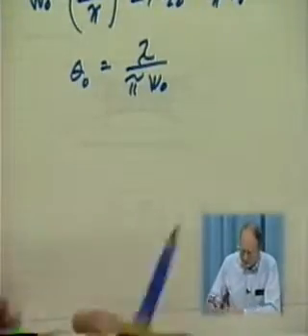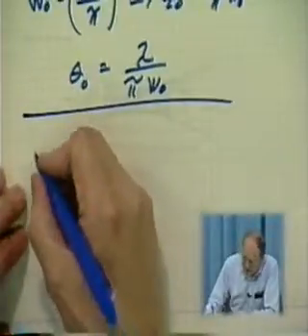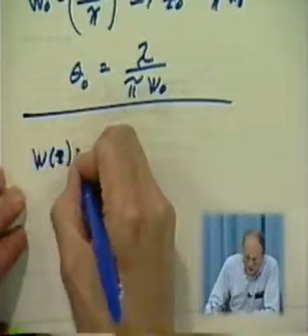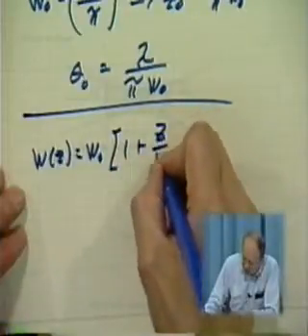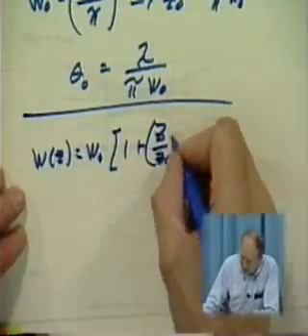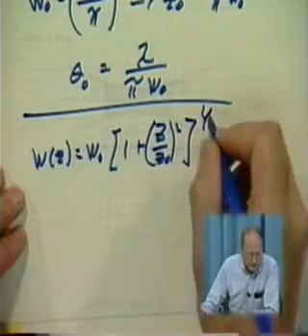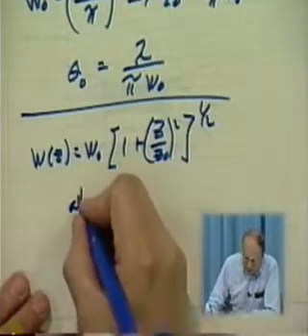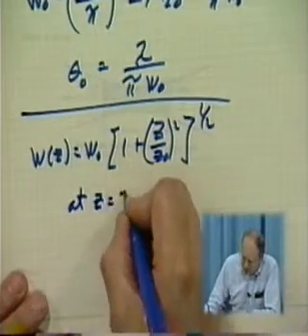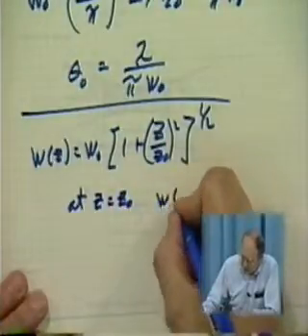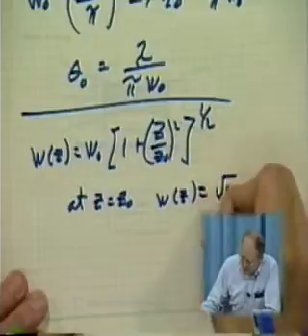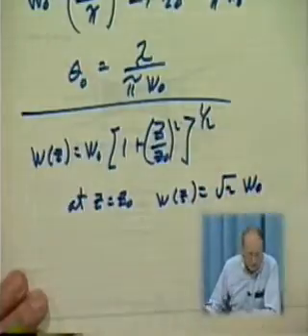We had, from the beginning, that w of z was w naught times the square root of 1 plus z over z naught squared. At z equals z naught, we have that w of z is square root of 2 w naught.